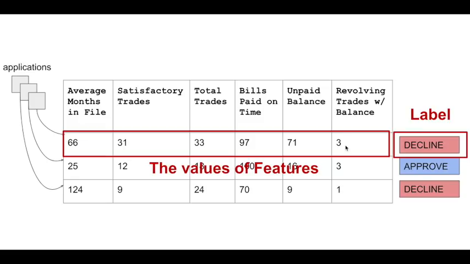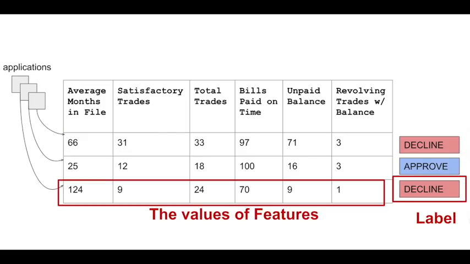And the machine learning model assigns a label, decline. When we look at the application in the third row, the application has 124 for average months in file, 9 for satisfactory trades, 24 for total trades, 70 for bills paid on time, 9 for unpaid balance, and 1 for revolving trades with balance. Also, the machine learning model assigns a label, decline.